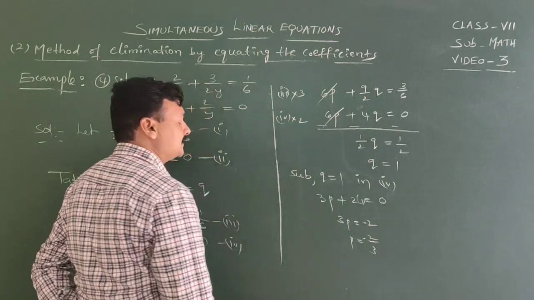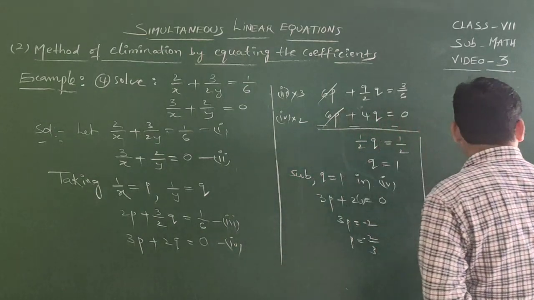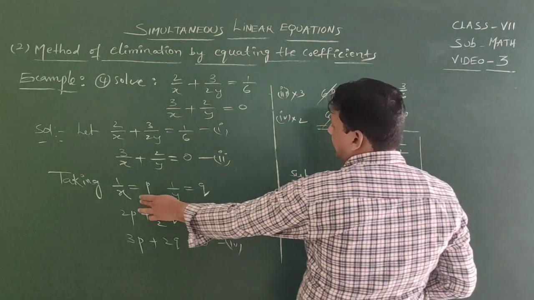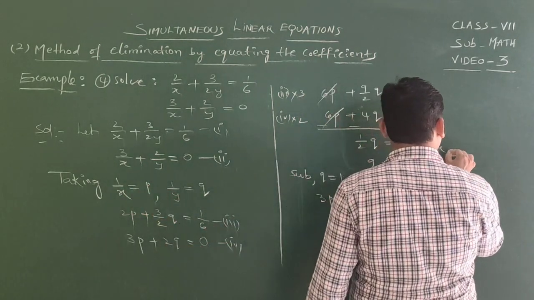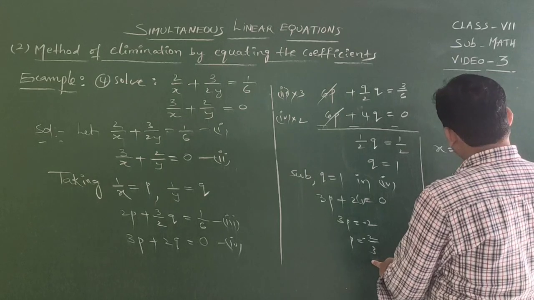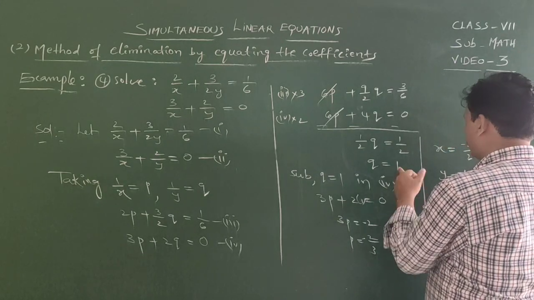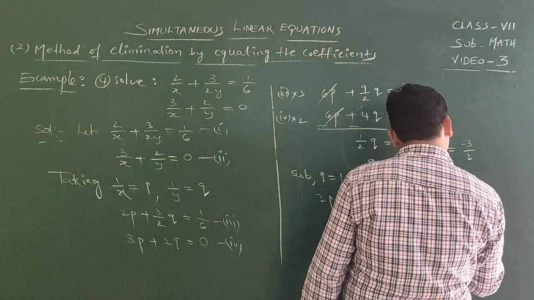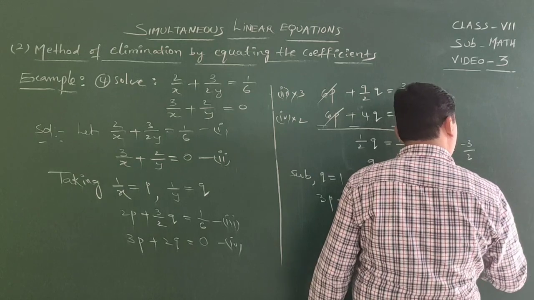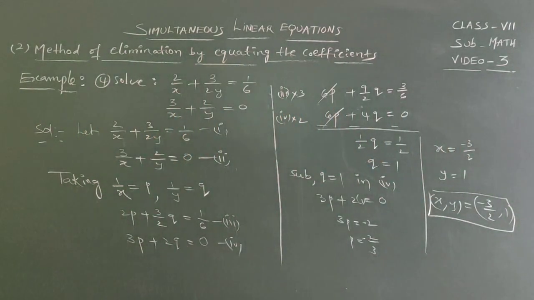Now the value of x is 1 by p, that is minus 3 by 2. The value of y is 1. Reciprocal of 1 also 1 only. The solution is minus 3 by 2 comma 1.